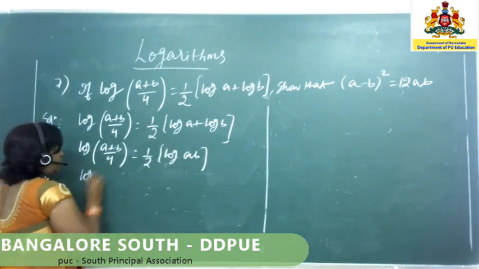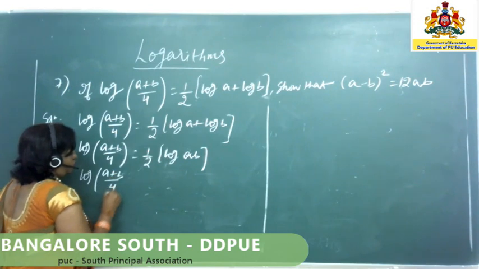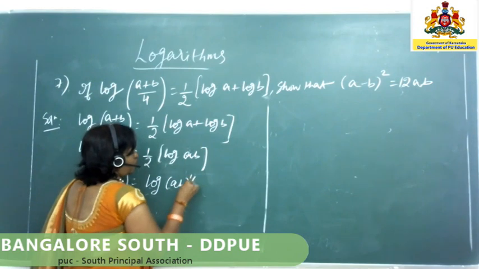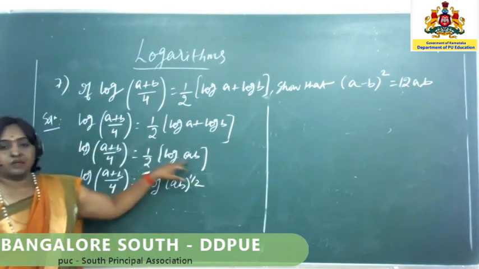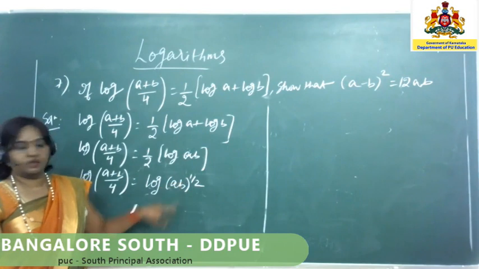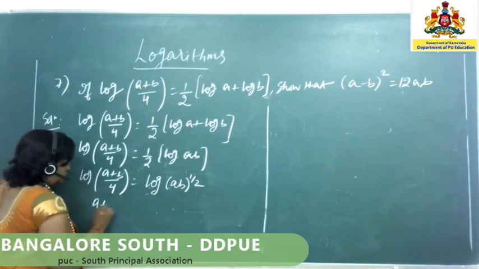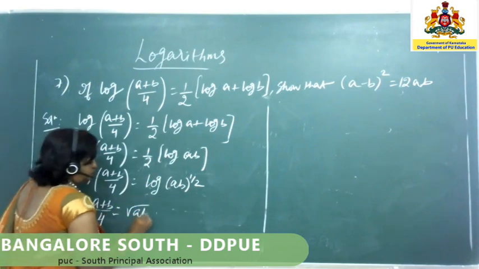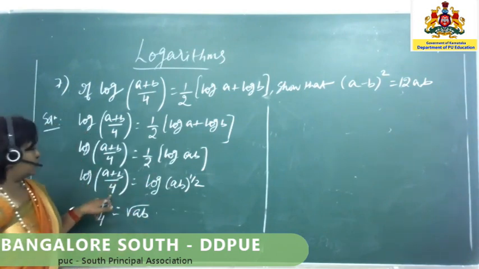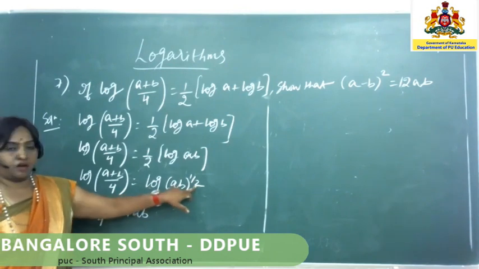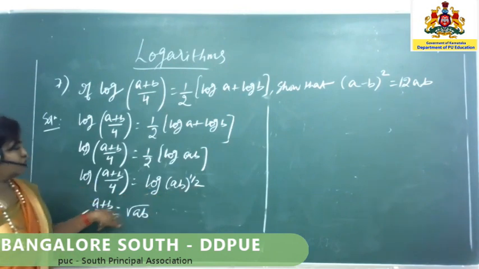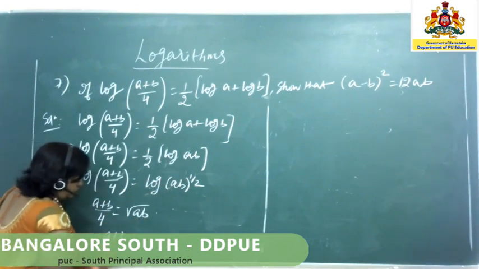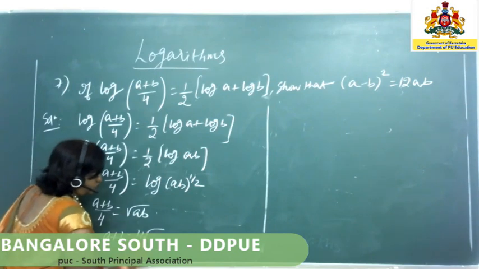So log (a plus b) by 4 is equal to log ab to the power of 1 by 2, because n log m is log m to the power of n. So (a plus b) by 4 is equal to root ab. So a plus b is equal to 4 root ab.